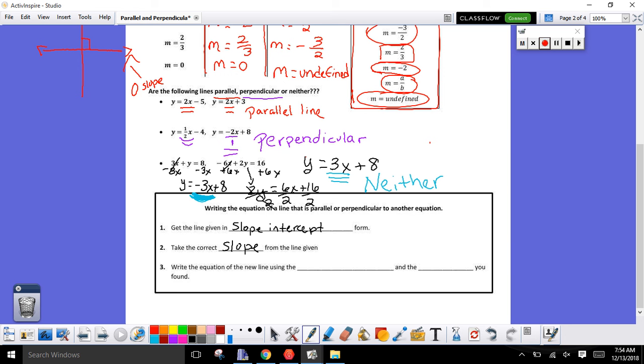Write the equation of the new line using the slope and the y-intercept that you found. So let's move on to the next page.